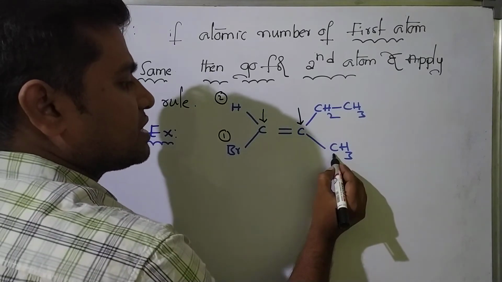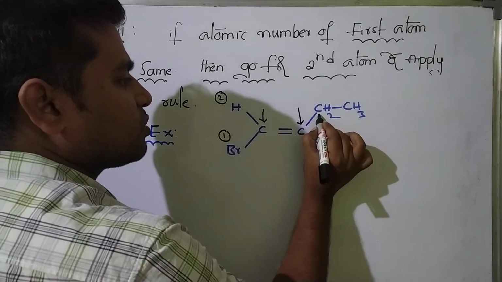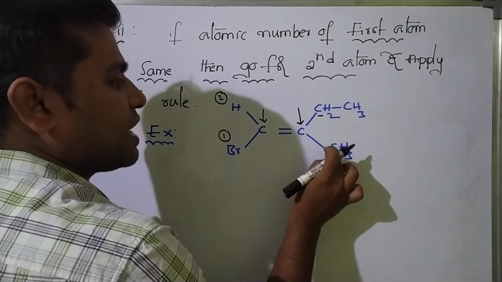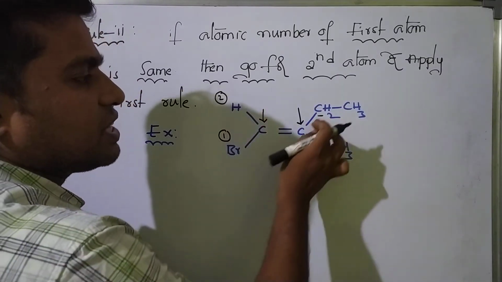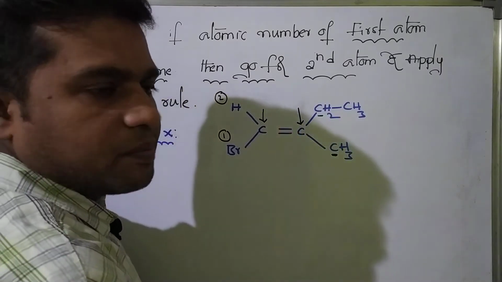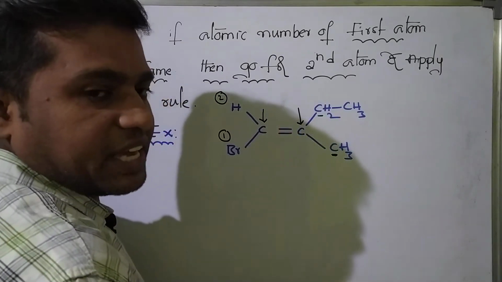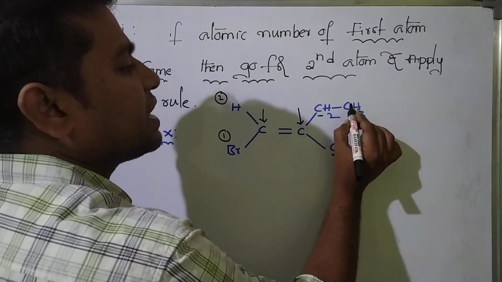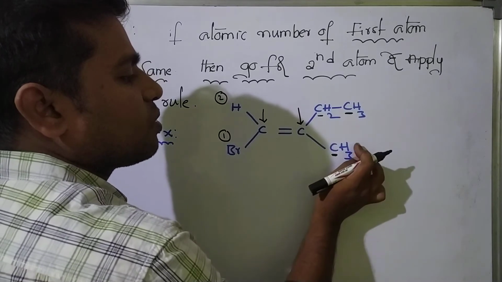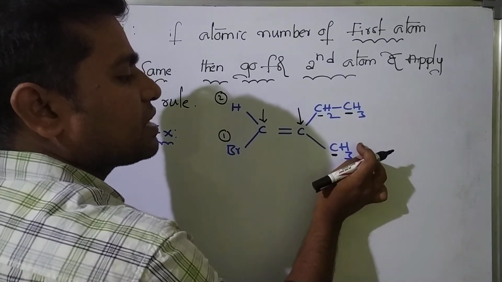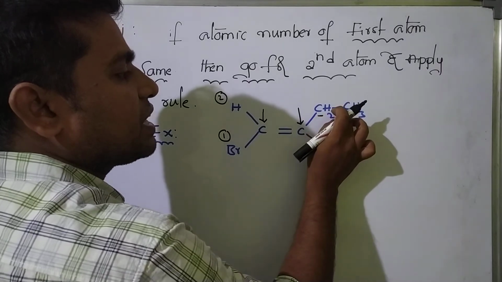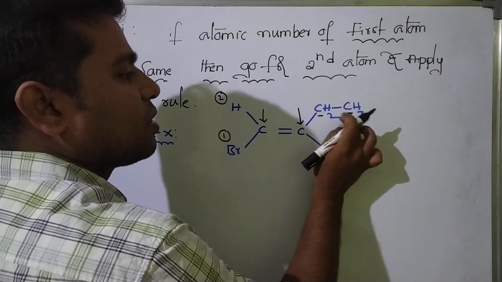Here this is carbon atom, this also carbon atom, means the first atoms are same. Their atomic numbers also same. In such case, now immediately consider second atom. This is the second atom. Here no second atom is there. Here second atom is absent. But this carbon is directly connecting with another carbon.